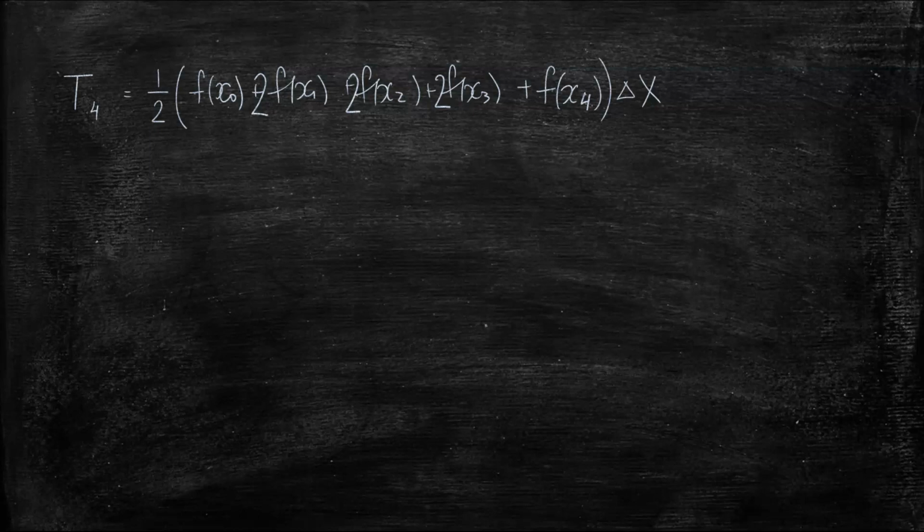So in general, the formula for Tn can be written like this, as 1/2, and here we're going to have f of x0 plus 2f of x1, and so on. These are the partition of the interval, so I don't need stars over there. And this is what the formula would look like.